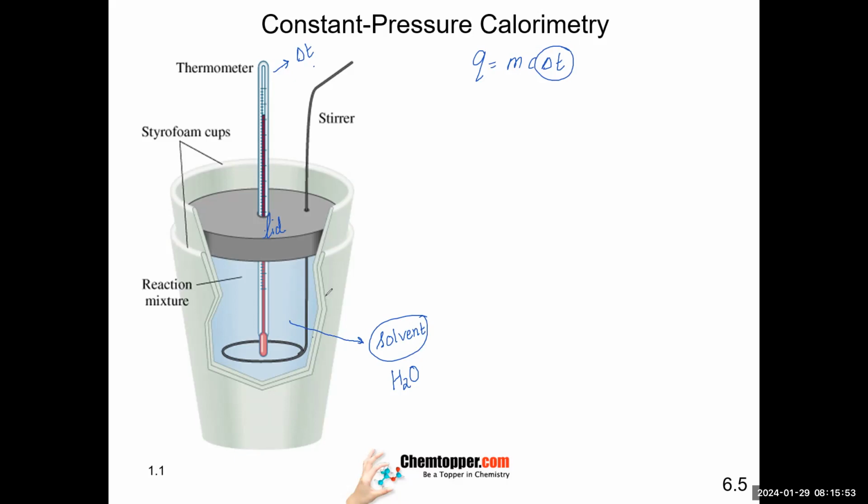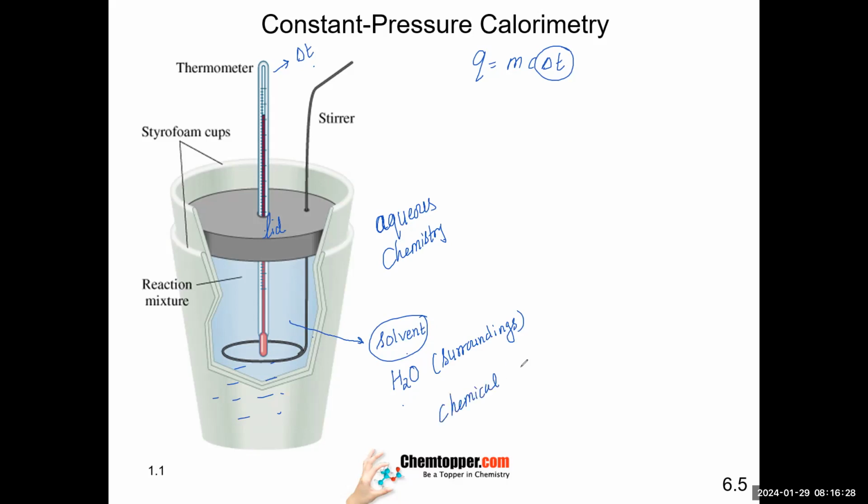So generally here in the coffee cup calorimeter, you will be working with aqueous chemistry. And this solvent is the water. So water is the surroundings here in the coffee cup calorimeter. It's always taken as the surroundings. It's the immediate surroundings of the chemical reaction.